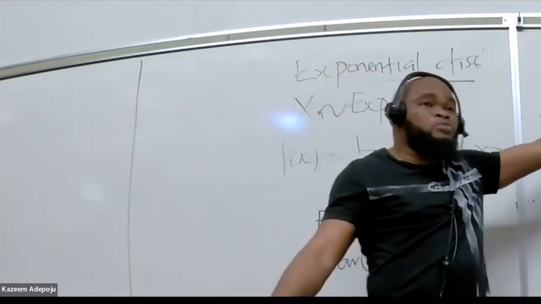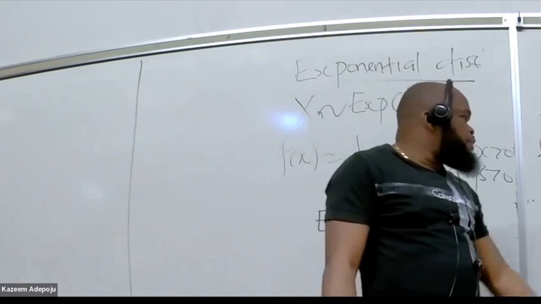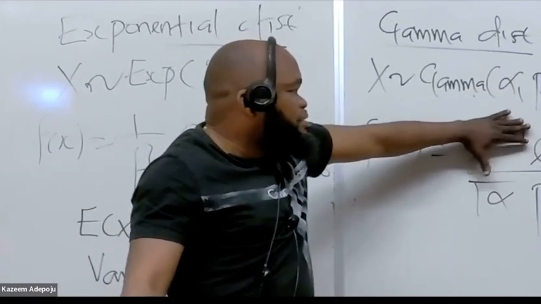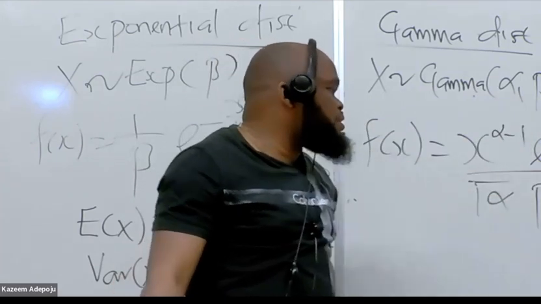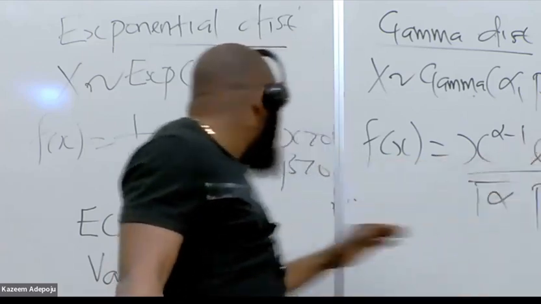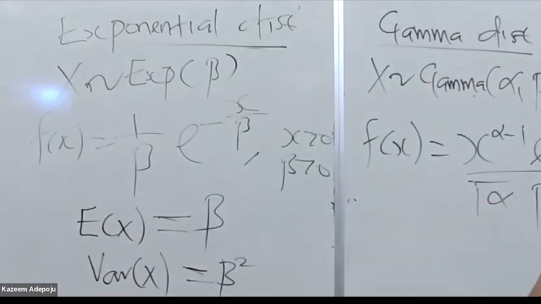If alpha equals 1, you are back at exponential. If you plug in alpha to be 1 here, this guy is going to be 1 and go away, this is going to go away, the other is going to go away, and this is going to be beta. So it's going to be 1 over beta, and you are back here. Any question with gamma?